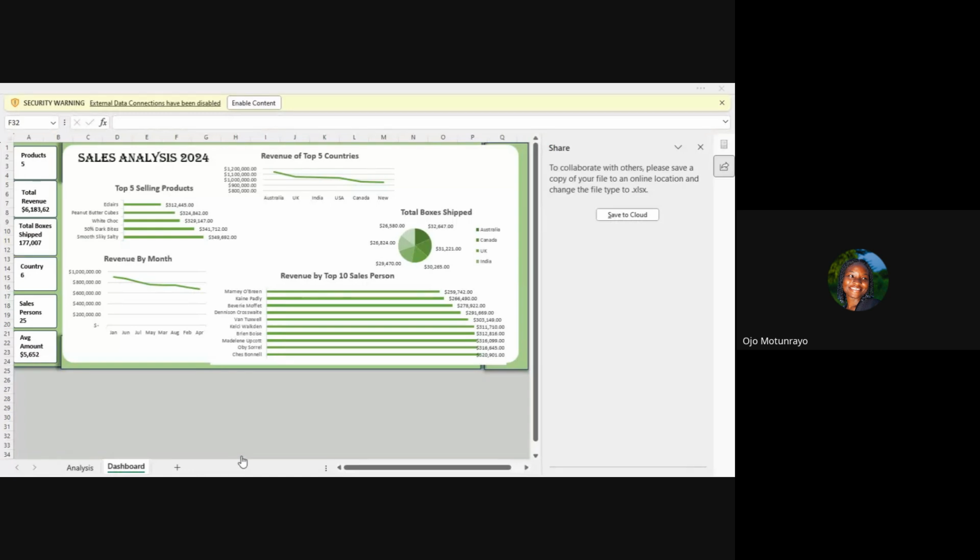Just take note: you don't sort it, just let it come like January, February, March, in order. Your grid lines are not necessary. We don't need them. The same thing goes for the total boxes shipped, your pie chart.